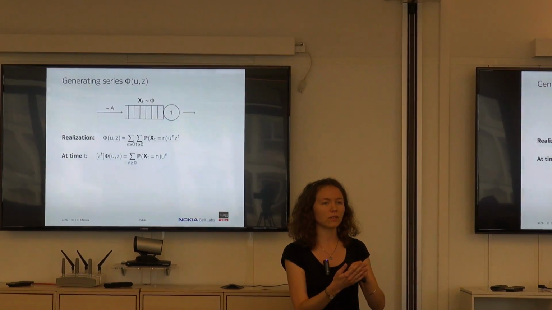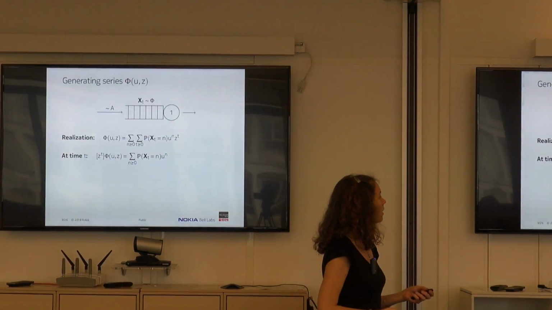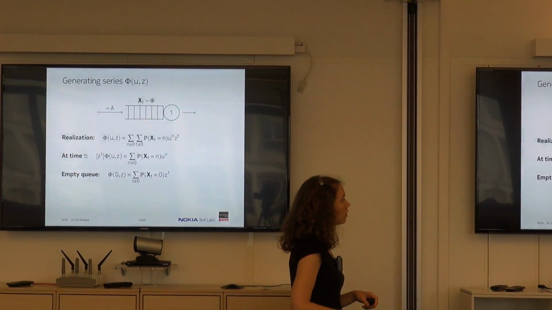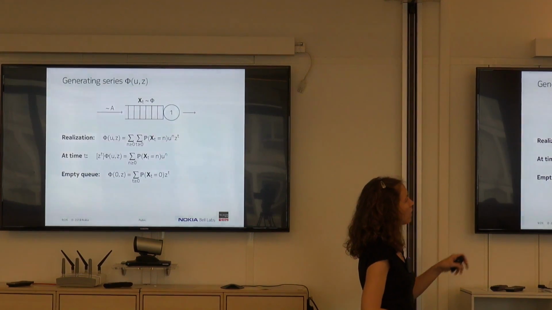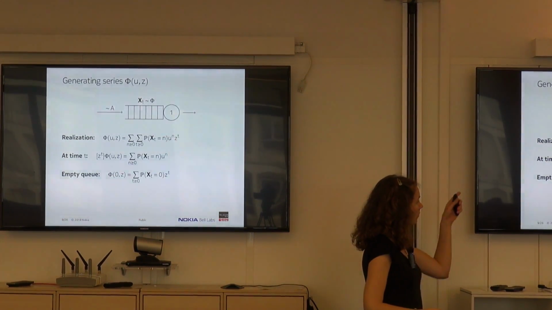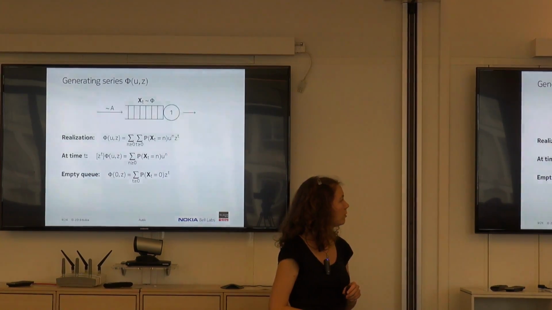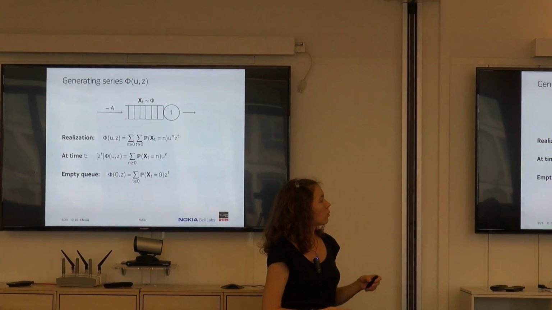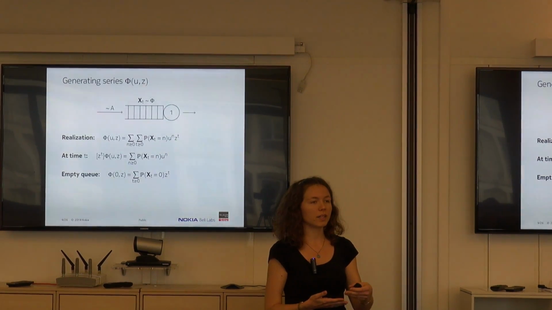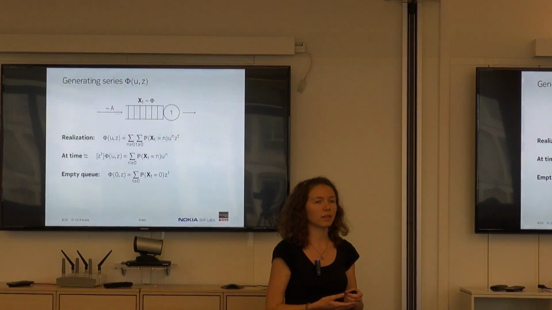So you look at one time t specifically, and you take its generating series. Now if you take u equals 0, you will just remove everything that is not at the power n equals 0 in the first generating series, and you will obtain the sum of the probability that x_t equals 0, times z^t, which is associated with the probability that the queue is empty at an arbitrary time slot.